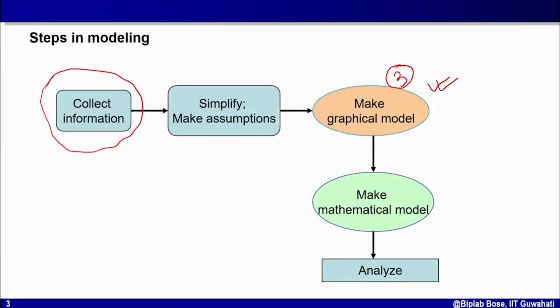Once you have made the graphical model, the fourth step is making the mathematical model that you essentially want to create. This mathematical model will be based on the information that you have collected at the beginning, then on the assumptions you have made, and obviously the graphical model will help you to create those mathematical models.